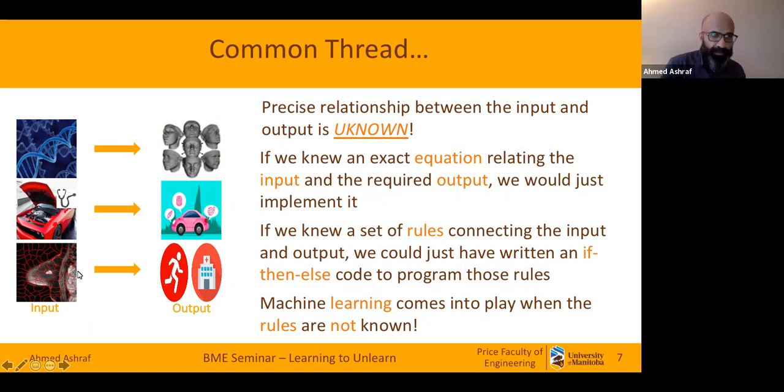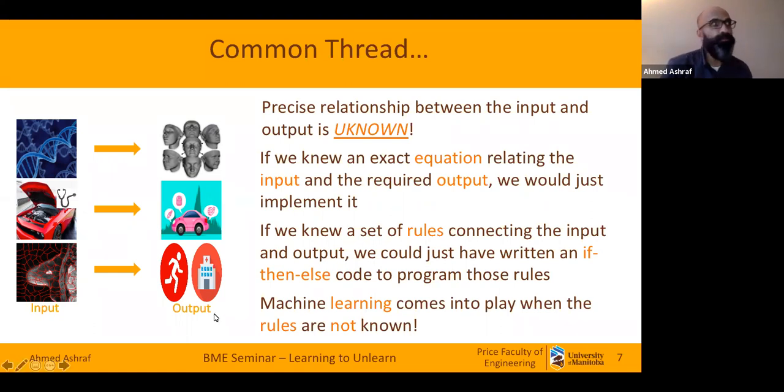We have got the input, in the first case a DNA sequence, car audio, and an MRI image scan. We do not know precisely any equation or maybe set of rules, because if that was the case, we would just encode that equation. We would still have to write a piece of code, but we would just write it and solve the problem.